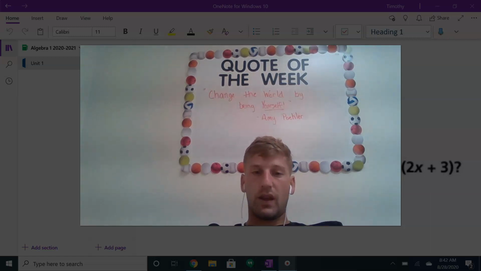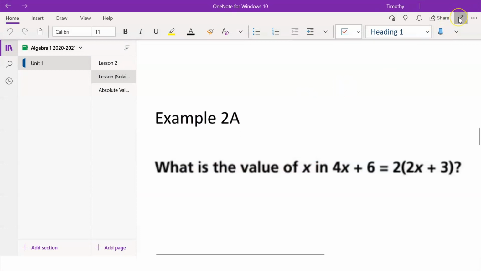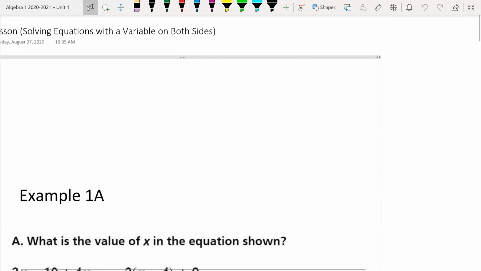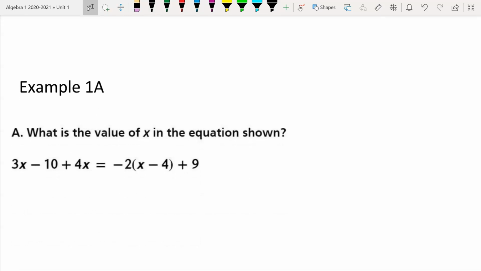Other than that, let's talk about solving equations with a variable on both sides. So before we do any examples, what I would like to do is talk about a general rule for these. This is not always going to be the rule, but it is nice to follow these steps.